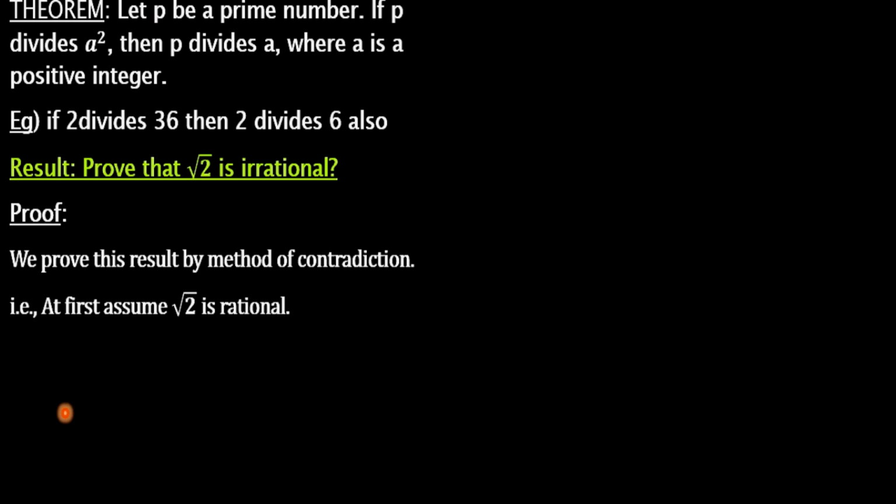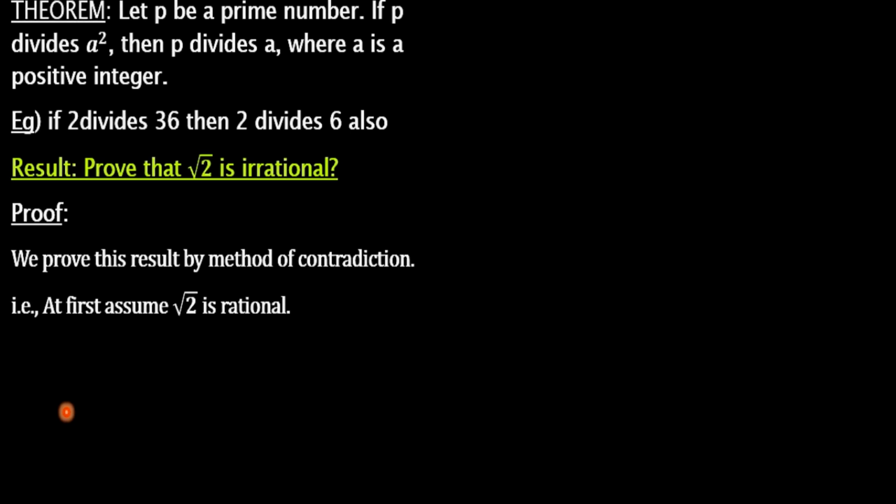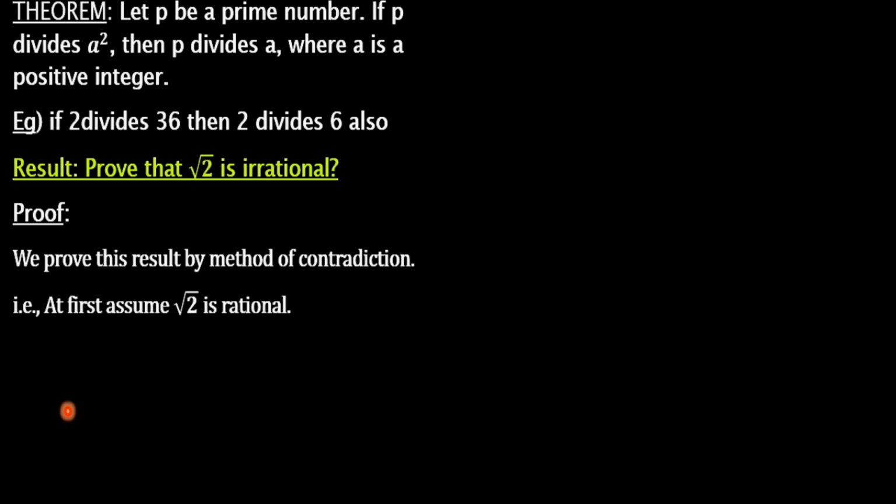If we go by that path and get something wrong, we can conclude root 2 is irrational. So we have two paths: root 2 is an irrational number, and root 2 is a rational number. We are moving by the rational path and proving that path is wrong, and the correct path is that root 2 is an irrational number.